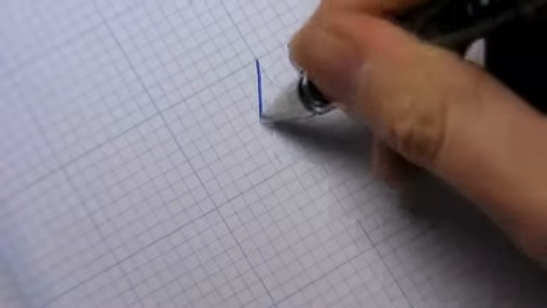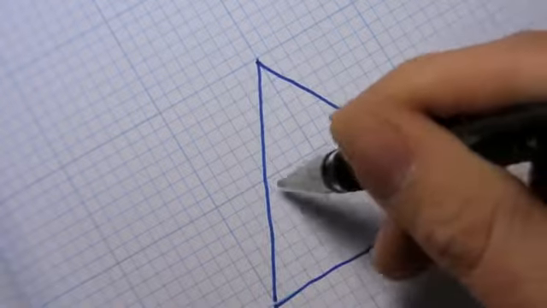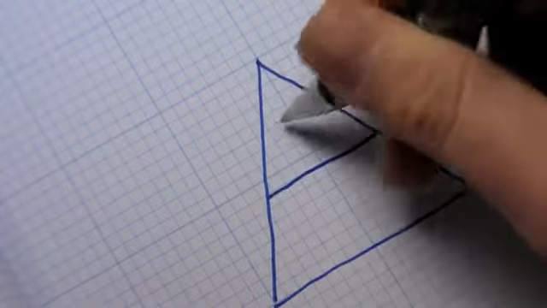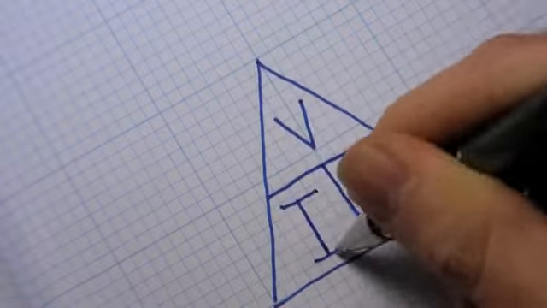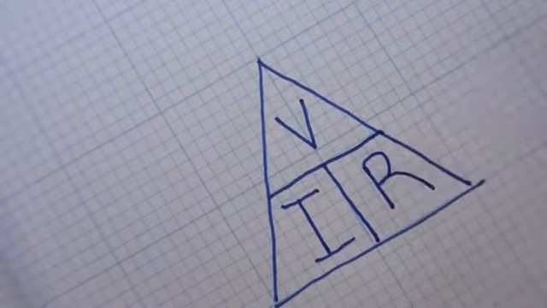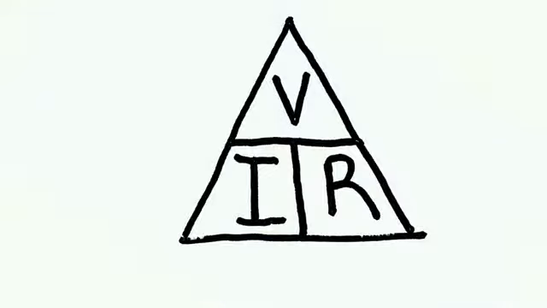So, like I said before, Ohm's law defines how those three properties relate to one another. Now, to remember this relationship, we can use this pyramid diagram. To find voltage, we multiply current by resistance.